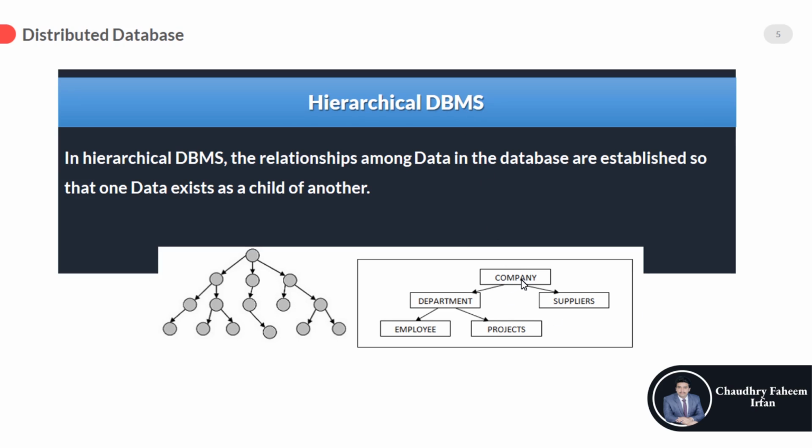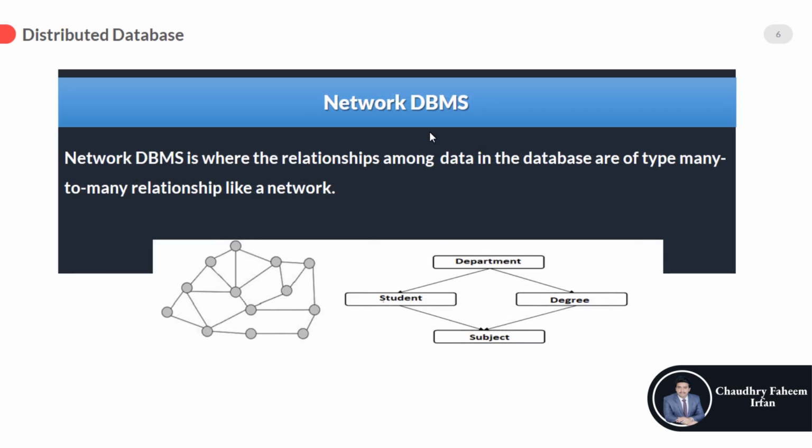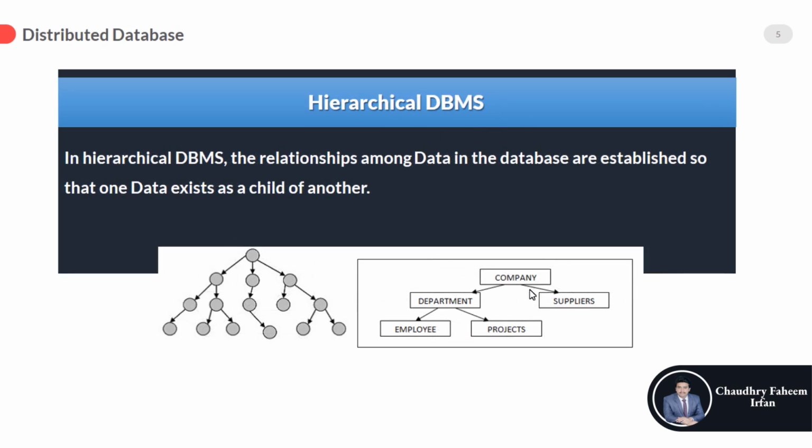Like a company has two children, then department has two children, so we can store data in this format. So this format is called hierarchical DBMS, or we can say that we can control data according to this structure.